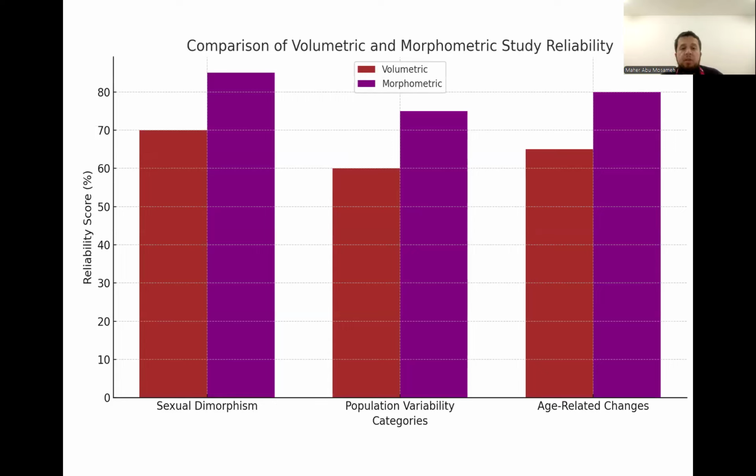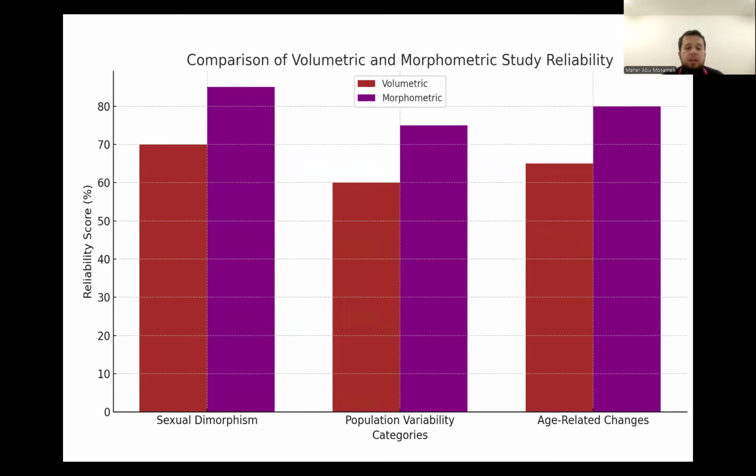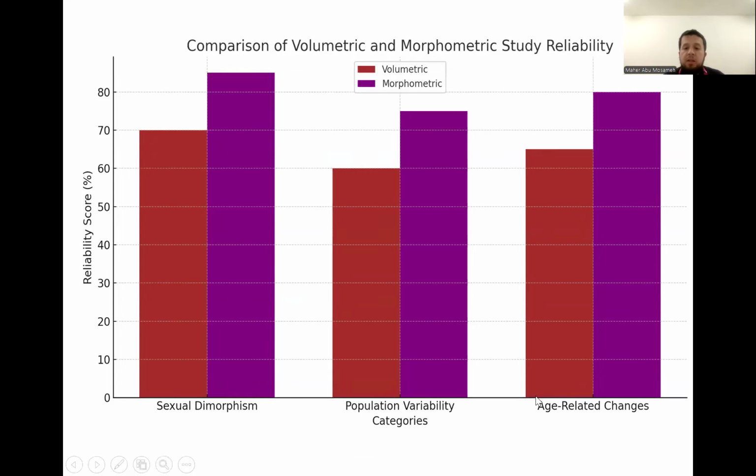This is one of the core important charts that I want to explain in this presentation. It shows the reliability score of volumetric and morphometric analysis across three main categories: sexual dimorphism, population variability, and age-related changes.